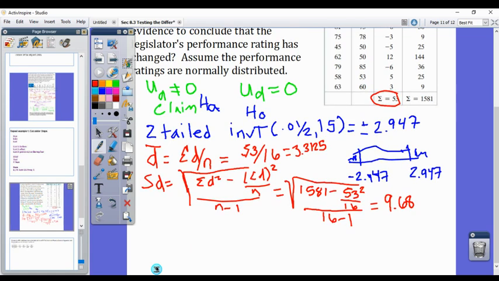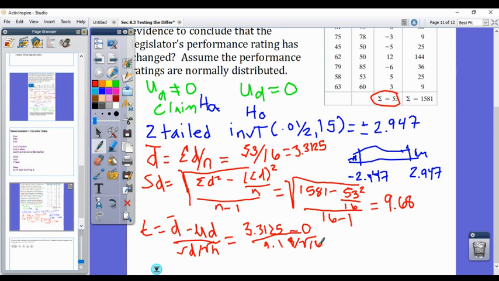All right, so now we can find our t-test statistic. So we're going to get d bar minus mu d all over standard deviation. Okay, so 3.3125 minus 0 over 9.68 divided by square root of 16.